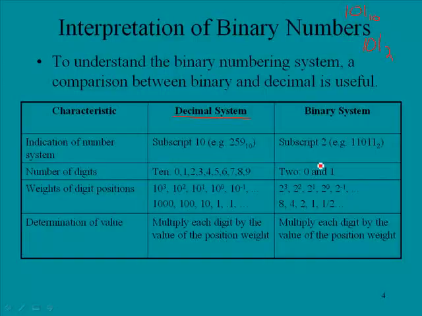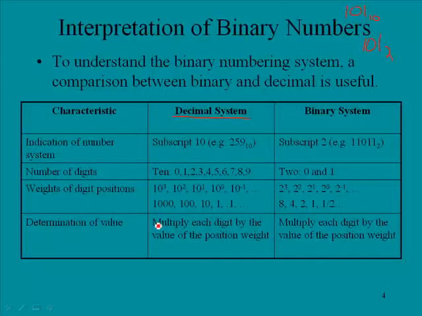With binary, it's a little bit different. 2 to the 0 power is going to be 1, like any number raised to the 0 power is 1, 2 to the first power is 2, 2 squared is 4, etc. To determine the value, we multiply each digit by the value of the position weight, and that would be the same in both of these.